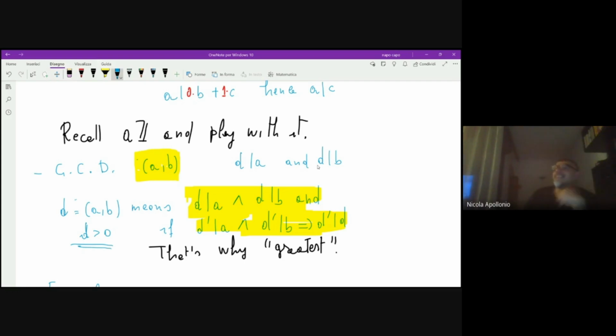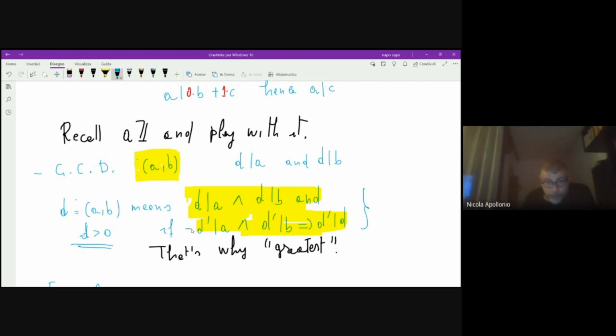The greatest common divisor is the largest integer with this property, which means what I wrote here. The first row says, sorry guys, the first row says that D is a common divisor.